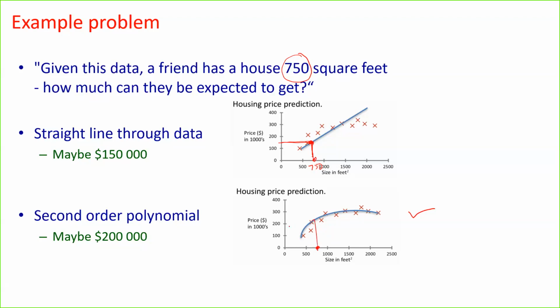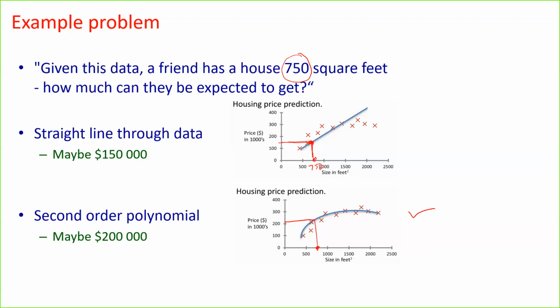It would be around $200,000. So the prediction depends on what model we employ, or how you model this data, how you capture the underlying pattern of the data. That depends on the assumptions that you make about the data.